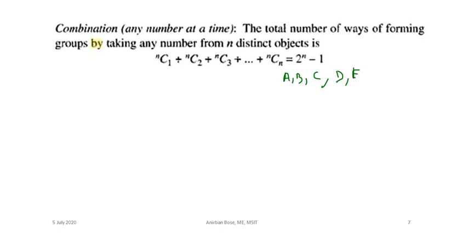How many ways can you form groups such that the number of persons in a group can be any number? That means the group may contain 1, 2, 3, 4, or 5 members. So one by one we have to consider each and every case.